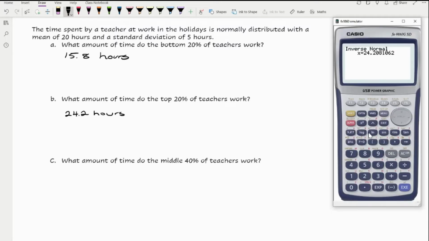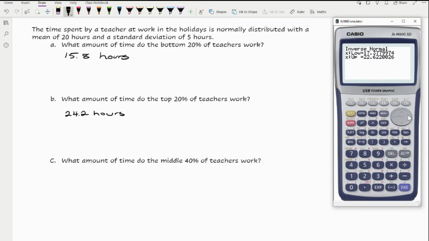Finally, it is asking us about the middle 40% of teachers. So I'm going to where my tail is, and now instead of left or right, we are looking at the central part. And our area is also now 0.4. So this should give me two values as I'm looking at an in-between time.